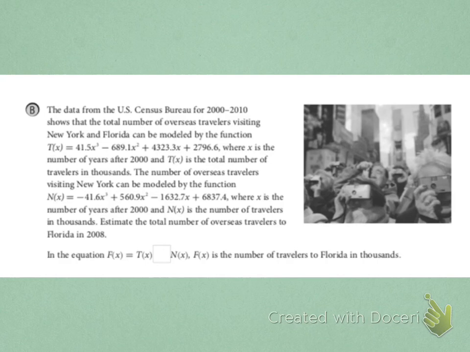Data from the U.S. Census shows that the total number of overseas travelers visiting New York and Florida can be modeled by this function. So T of x was the total, and then they gave you n of x, which was visiting New York. And you could use the difference to find how many people must have been visiting Florida. So we'll skip that one, and we'll just move on to our final you try question.